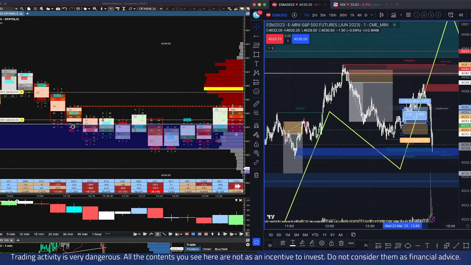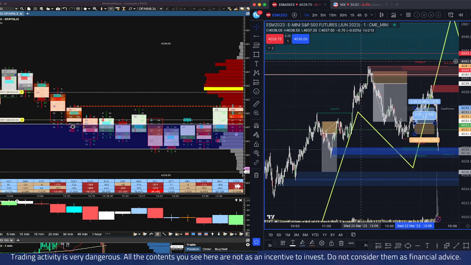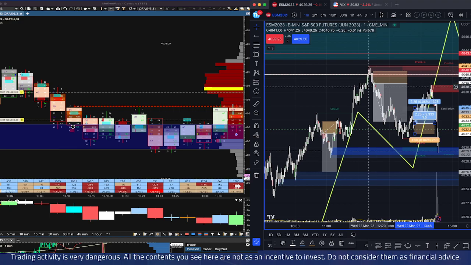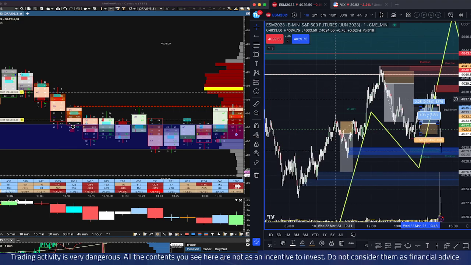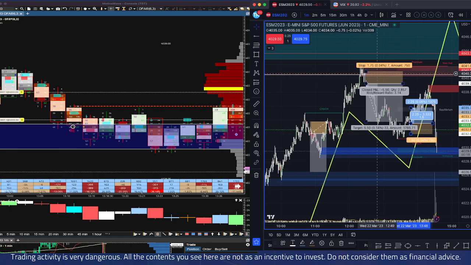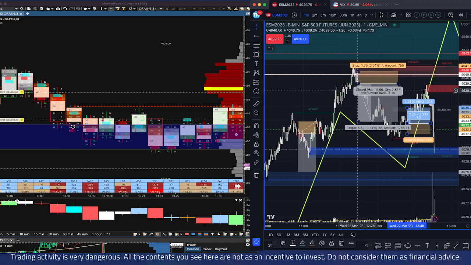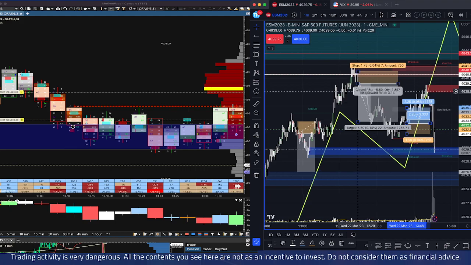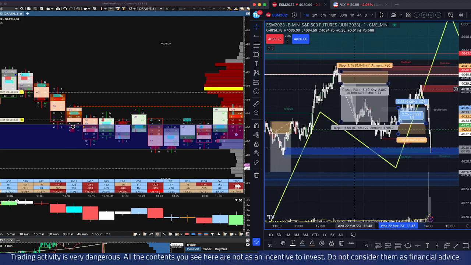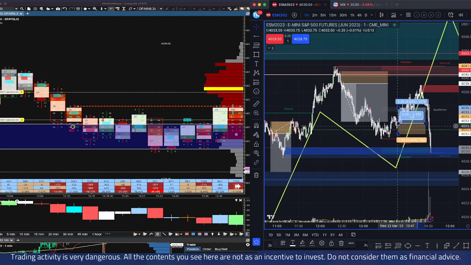Price turned after grabbing liquidity at a session high and went down. This is another trade that I made with the same setup and the same trigger that I want to explain to you now. And we're talking about this trade, the long one.